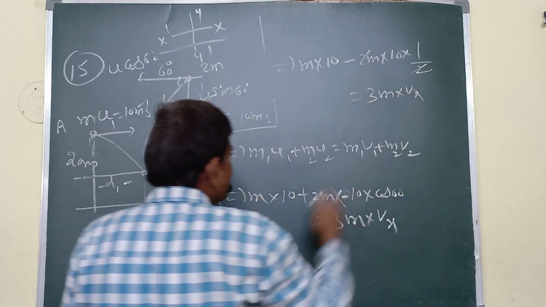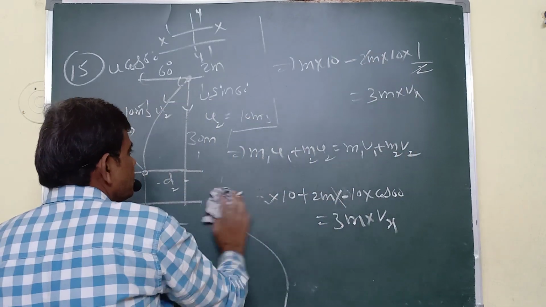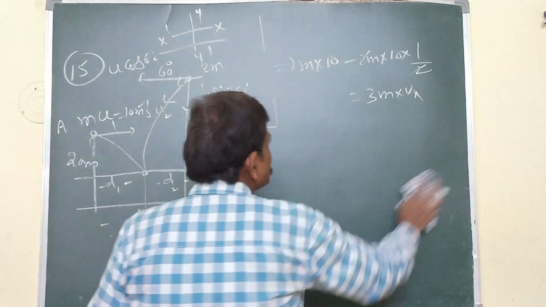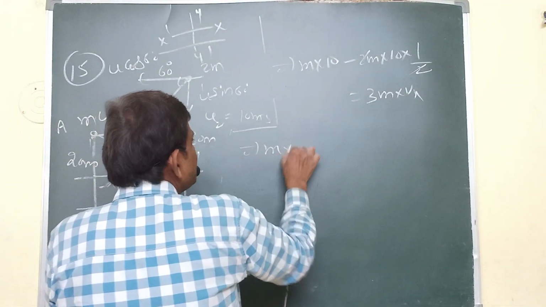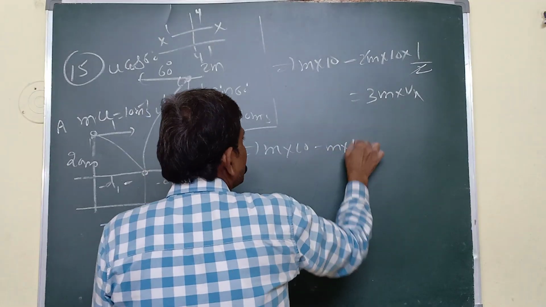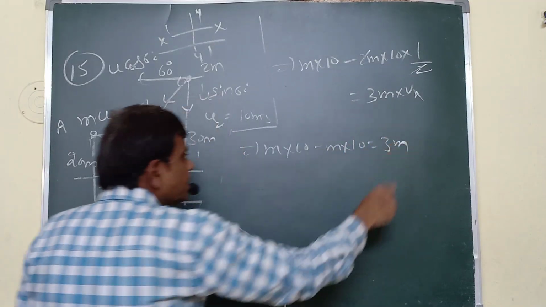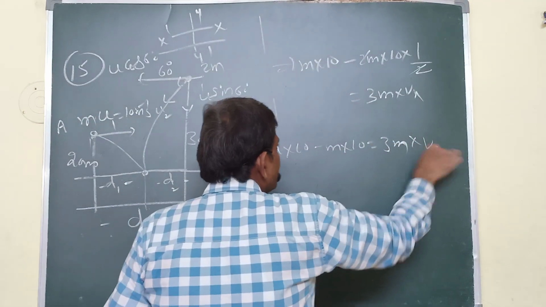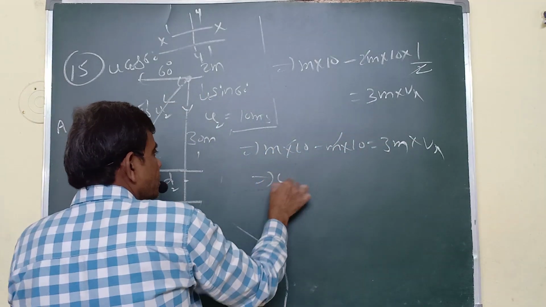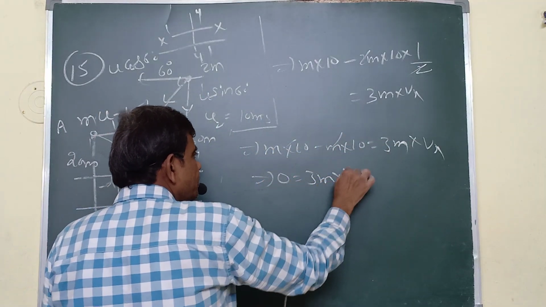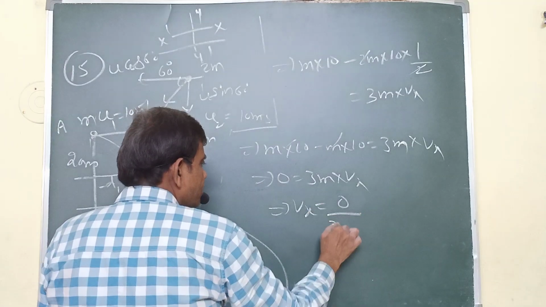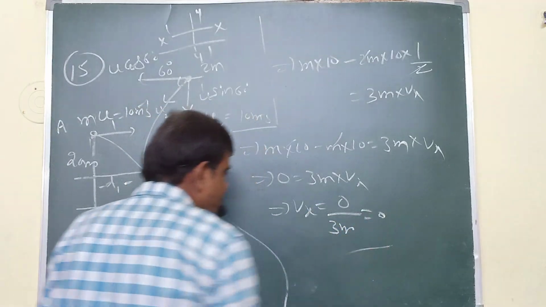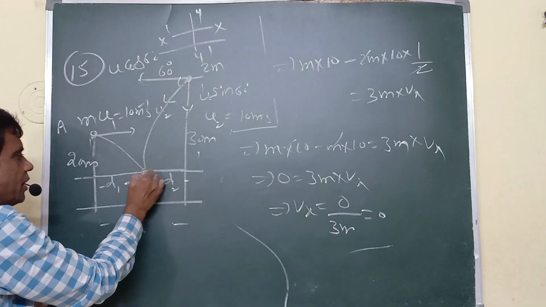These two cancel. Now finally what I am writing? This implies m into 10 minus m into 10 equals 3m into Vx. So this is 0, equals 3m into Vx. So what about Vx? That equals 0 by 3m. I am getting 0. After collision it is coming to rest.